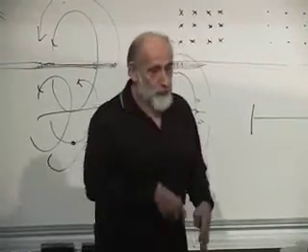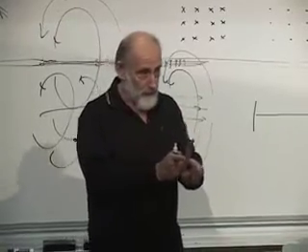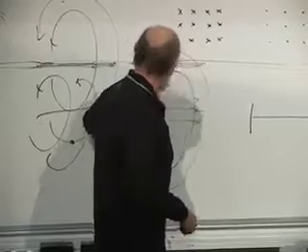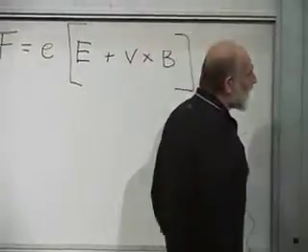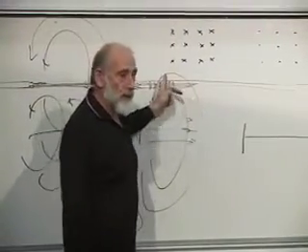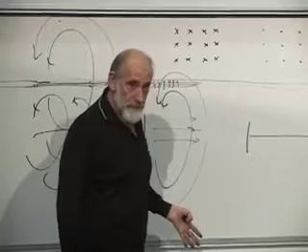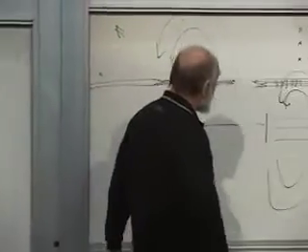It's also proportional to the sine of the angle between the velocity and the magnetic field. That's what a cross product is. So if the velocity is in the same direction or opposite direction to the magnetic field, there is no force. The sine of the angle between the velocity and the magnetic field is 0.